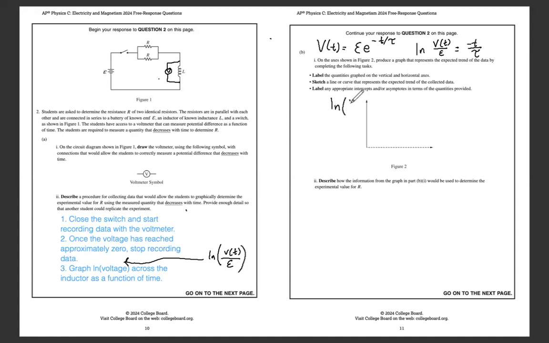That'll be natural log V of t over E. And then you have t right here. And then what you would expect is you would expect this graph to look like a, we can do negative, I guess, too, sure. Because then in that case, you're going to get something that looks along the lines of that.